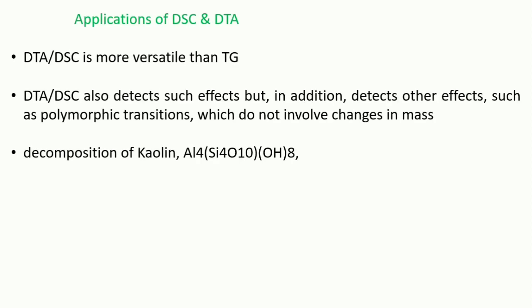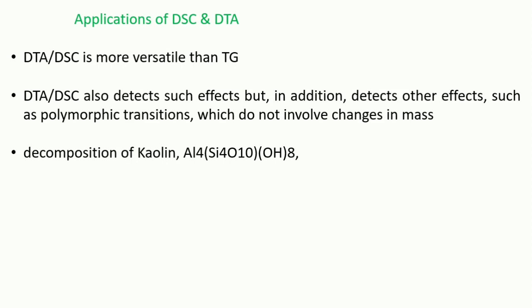So, about the applications of DSC and DTA. The uses of thermal analysis are many and varied. Generally, DTA and DSC are more versatile than TGA. TGA detects effects which involve mass change only, and we have studied a lot about thermogravimetric analysis, which was only used to detect the loss of mass with respect to temperature or other conditions, so it does not detect changes which do not involve a change in mass.